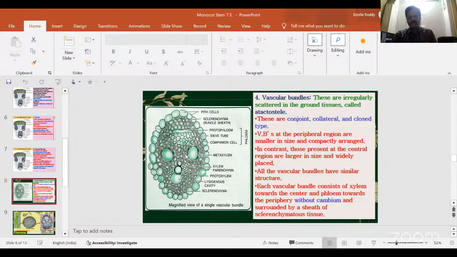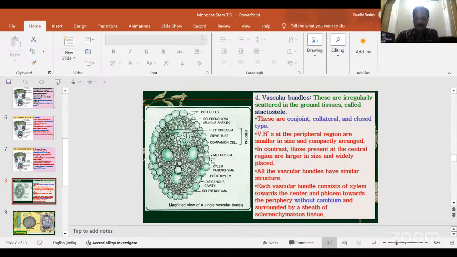Whereas in dicot stem, the xylem and phloem are separated by a strip of vascular cambium. That is, meristematic tissue is present between xylem and phloem in dicot stem. Such vascular bundles in dicot stem are described as open type of vascular bundles.